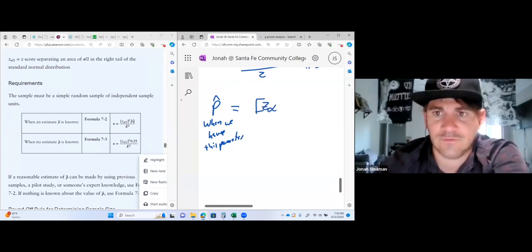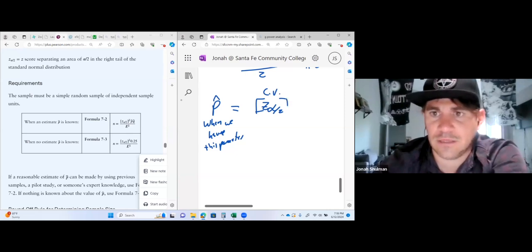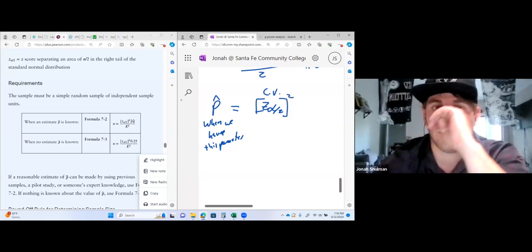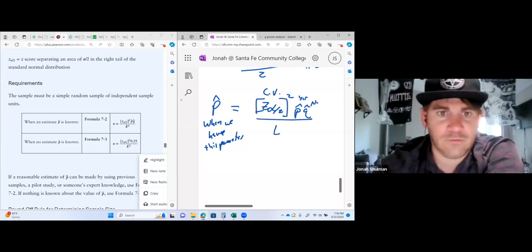That's the Z alpha divided by 2. That's our critical value. We're going to square that to make it positive. That's the whole point of squaring it. This is the yes, it's happening. This is the no, it's not happening, over whatever error we have squared.